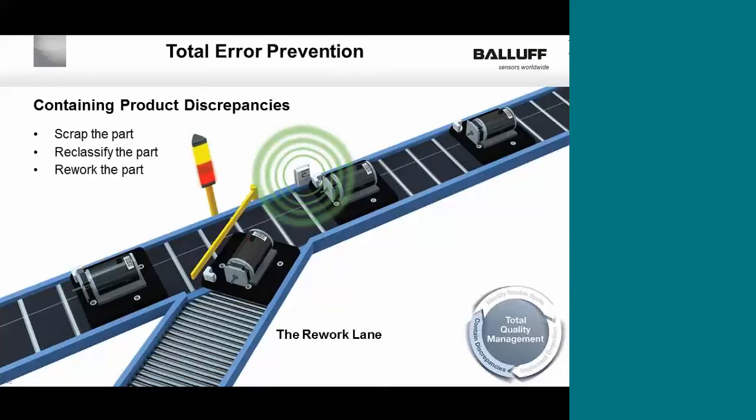Or we are able to rework the part. So by having all of this data tied to the workpiece really helps simplify and increase the efficiencies of manufacturing and avoid any escapes of a defective part being sent off to the end customer.